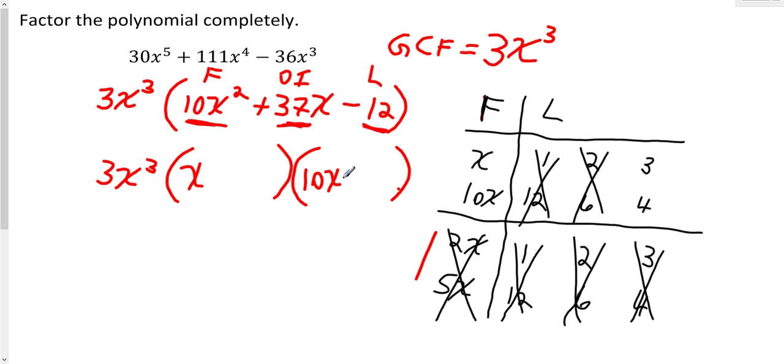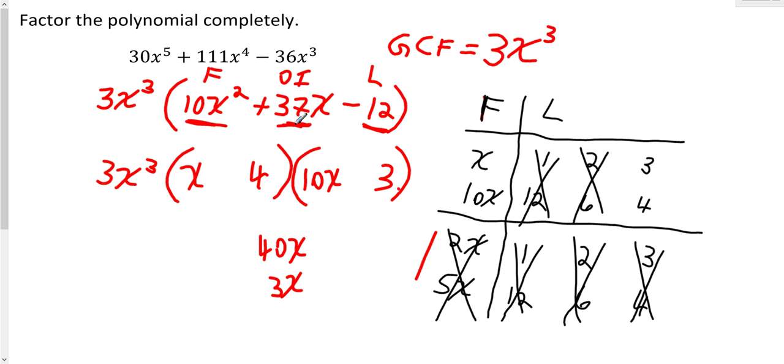Well, if I'm going to place the 4 anywhere, I can't put the 4 here. It would have to go in a parenthesis that doesn't have a term with a common factor. So the 4 would have to go here, which means the 3 would have to go here. Let's see. Outside, outside would be 3x. Inside, inside would be 40x.